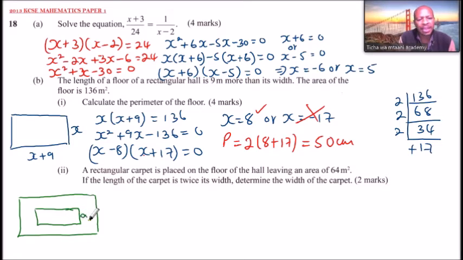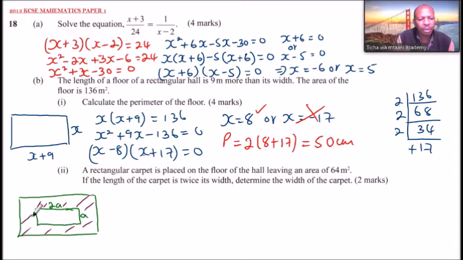So if we say the width of the carpet is A, and we are told the length is twice the width, so this is 2A. Now the area that has been left, the one outside the carpet, is 64.